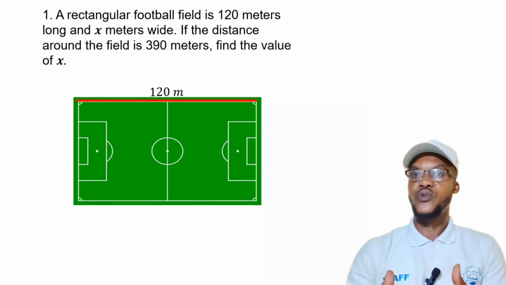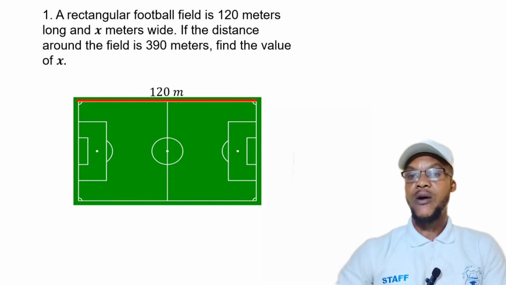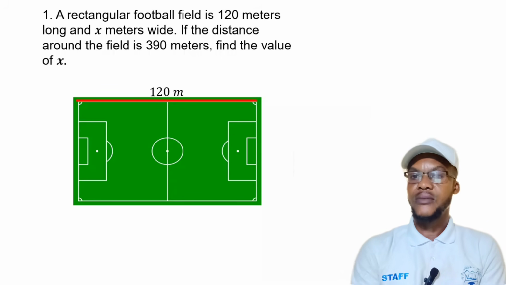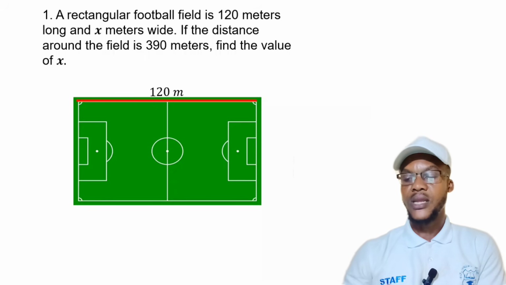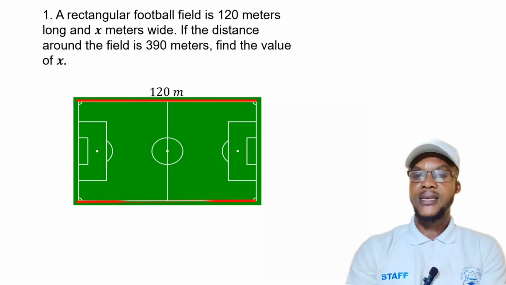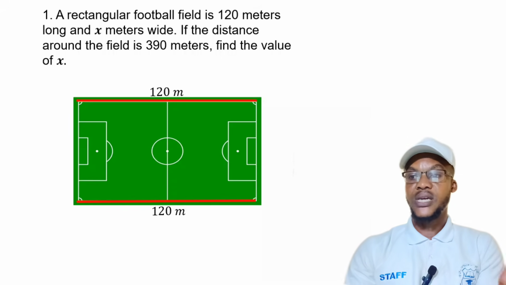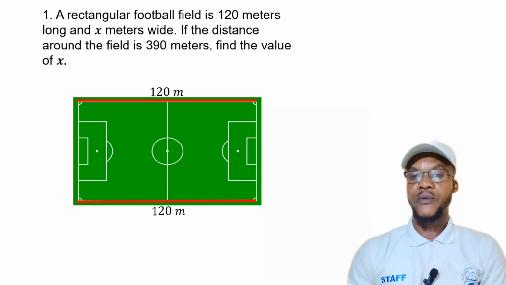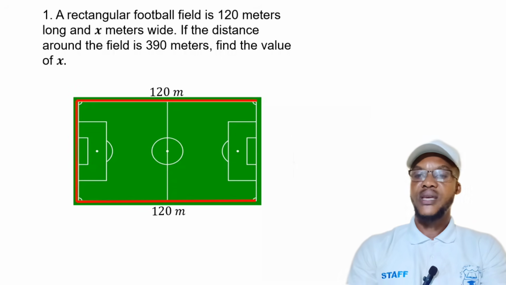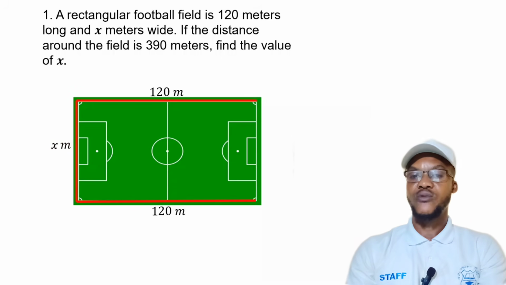Then we are saying x meters wide. When we are talking about how wide the shape is, then we are dealing with the width or the breadth. So in that case, we still have the length, because we know that for a rectangle we have two opposite sides. Then we have the width, which is given as x.